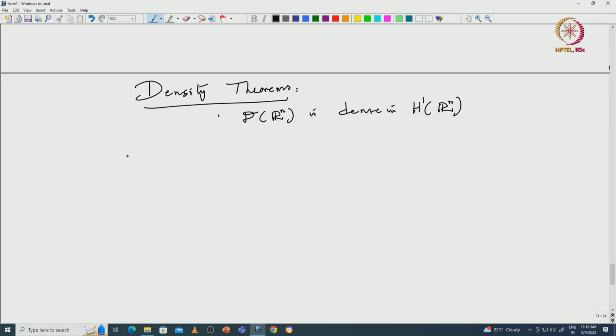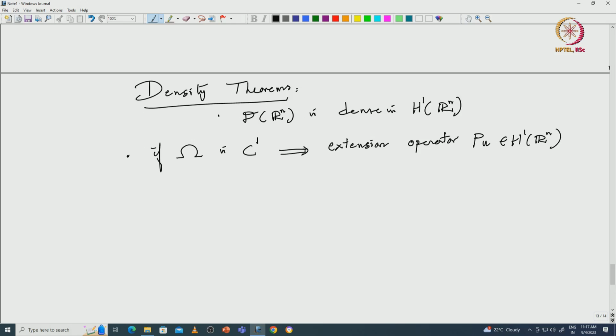The other result: if omega is C1, that will imply you have an extension operator, Pu in H1 of Rn. I am not going to give you all the details, but Pu can be approximated by D of Rn functions, and these can be restricted to your omega. Of course, you will not get D of omega functions, but you get C infinity functions.